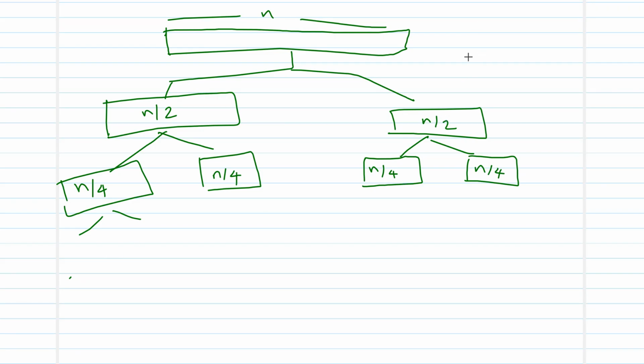So what should our T(n) formula be here? The general formula is T(n) = a T(n/b) + c n.